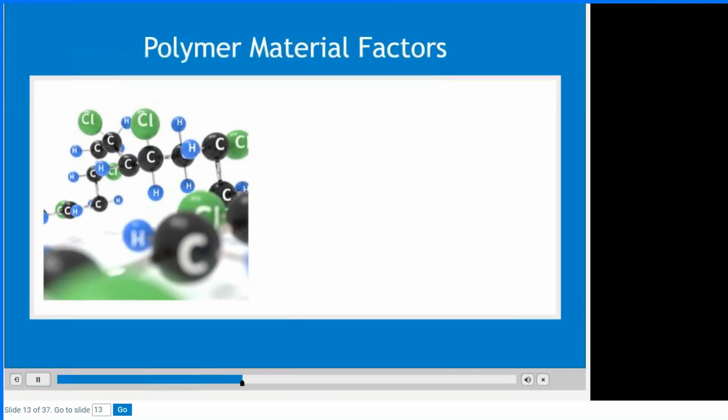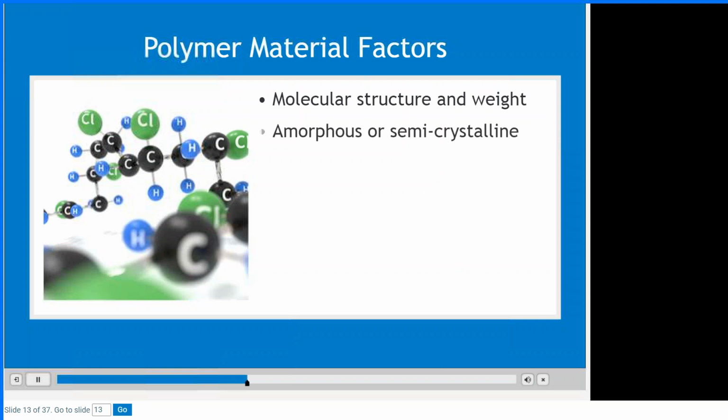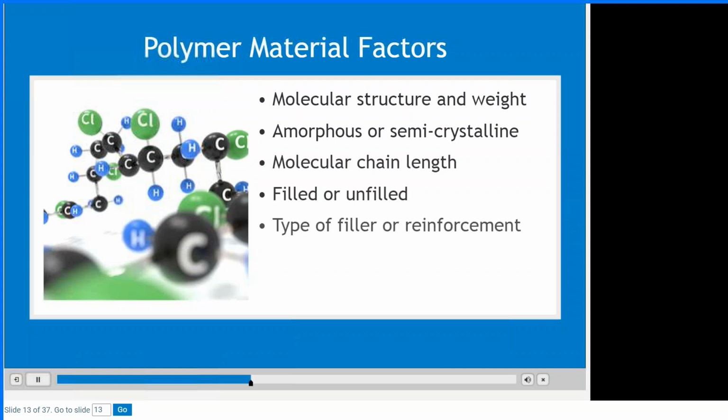Polymer material plays an essential role in shrinkage and warpage behaviors. Molecular structure and weight are the most important factors. Other key considerations are whether the material is amorphous or semicrystalline, the length of the molecular chains, whether it is filled or unfilled, what type of filler or reinforcements are used, the percentage of filler or reinforcement, and what types of additives have been added to the base polymer.